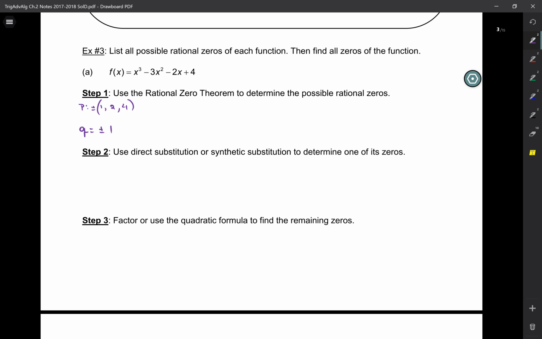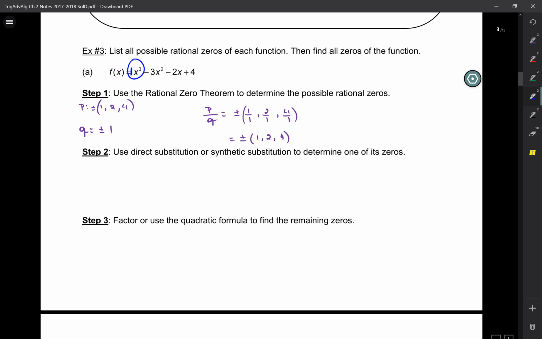And then the factors of the first coefficient, which is a 1, for Q. So now for P over Q, each of the P's over each of the Q's. So it's going to be plus or minus 1 over 1, 2 over 1, 4 over 1. You could just skip to plus or minus 1, 2, 4.